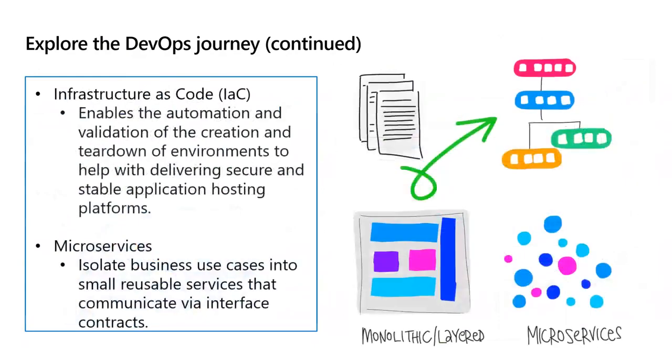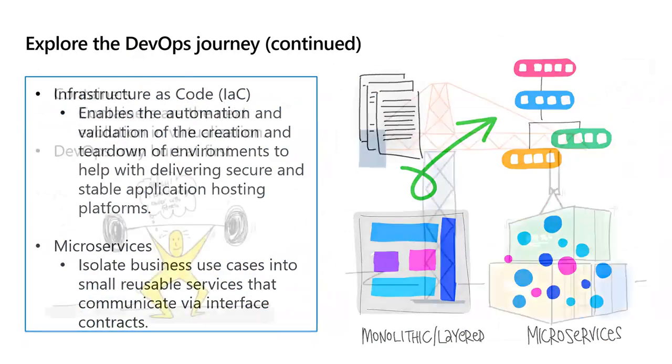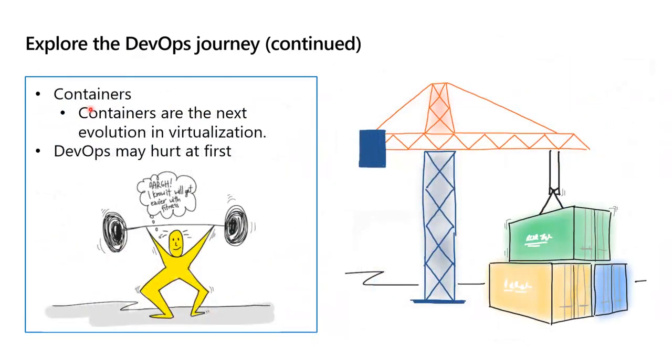Another thing is to consider having infrastructure as code to automate the creation of your environment, such as Terraform, our templates, among others, and having microservices applications. So it makes it easier to update a specific feature. One of the most common options to work with a microservices architecture is to work with containers.